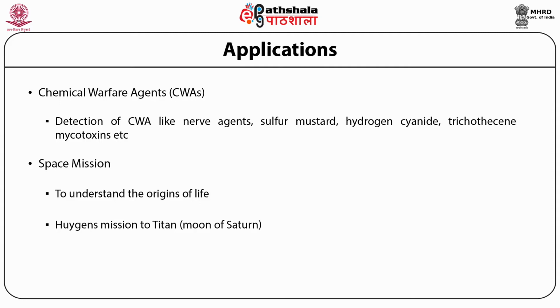Similarly, the Mars Science Laboratory mission has an instrument package consisting of a gas chromatograph, mass spectrometer and tunable laser spectrometer, termed Sample Analysis at Mars, that is SAM, that searches for organic molecules in Martian rocks and soils.